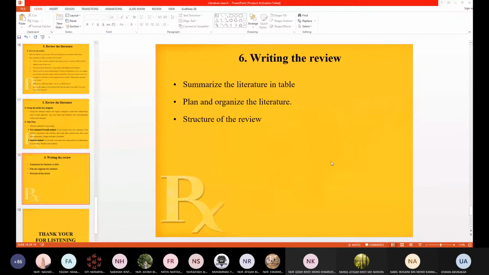Okay, the decision on which one is relevant is actually based on your own discretion. You need to decide on which one is relevant. Suppose, for example, the example I've cited earlier, I made mention that if you're assessing the knowledge, attitude, and perception among the public on COVID-19. So if you're assessing knowledge, attitude, and perception among the public, if there is sufficient literature for you to review in your literature review on the general public, say maybe studies that were done in other parts of the world, then it's okay.